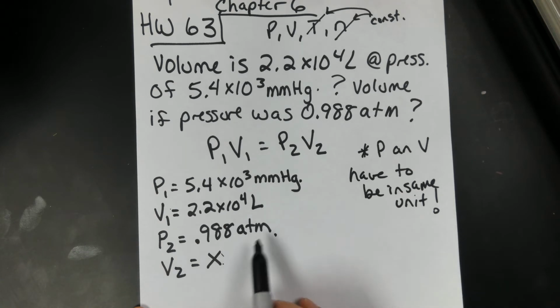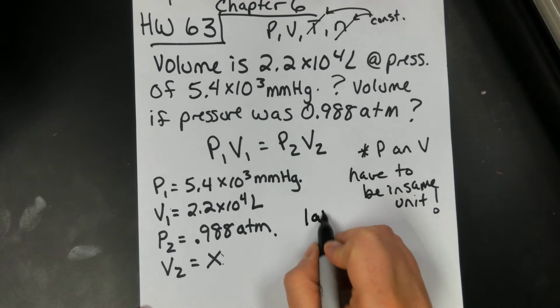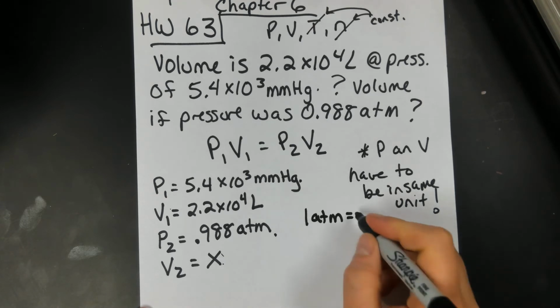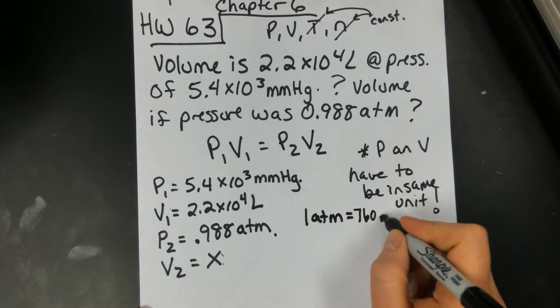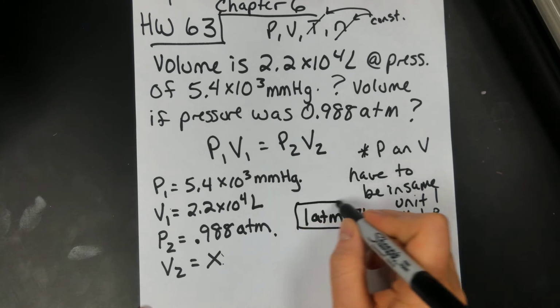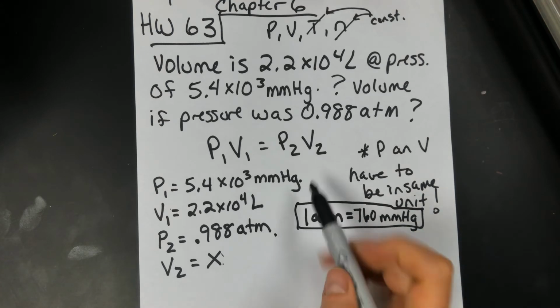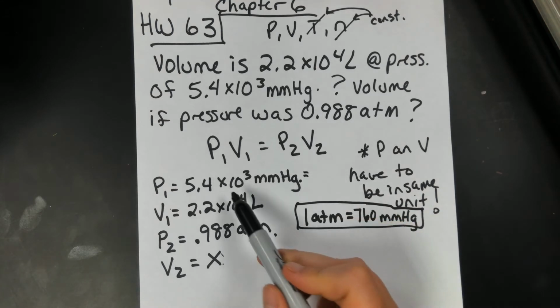So how do I do that? I know that 1 atmosphere is equal to 760 millimeters of Hg. You would absolutely be given this conversion, right? So let's turn this into atmospheres, shall we?